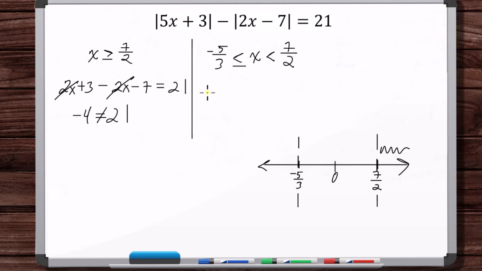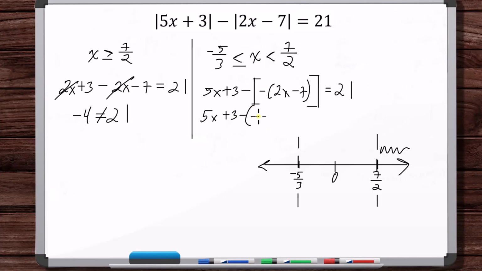So we just remove the absolute value here, and here we put a negative out front to simplify this. Okay, so 5x plus 3, and now minus 2x plus 7.